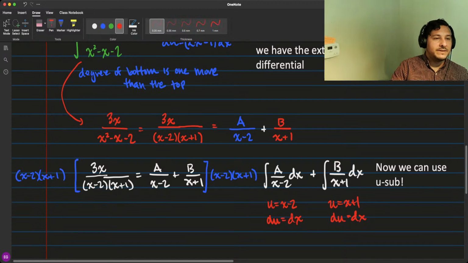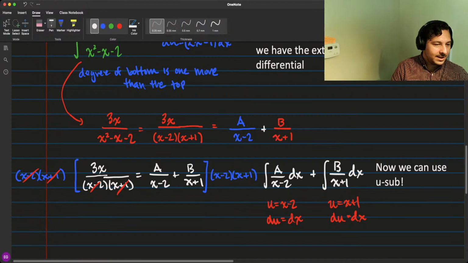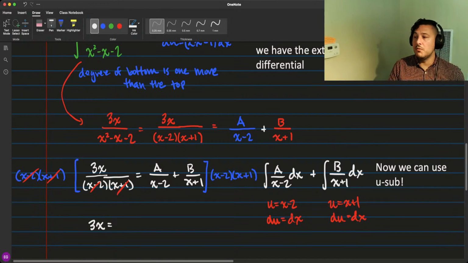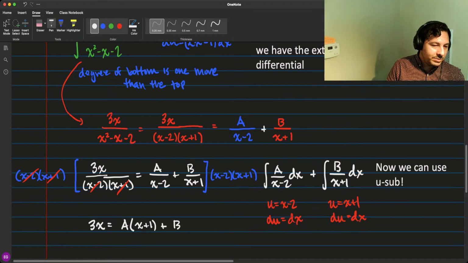Okay, so what happens on the left-hand side? Both of those cancel, right? Leaving you just with 3x. Now on the right-hand side, when you distribute, do you see how one of the terms is gonna cancel each time? Which means you're gonna be left with a times x plus 1 plus b times x minus 2.